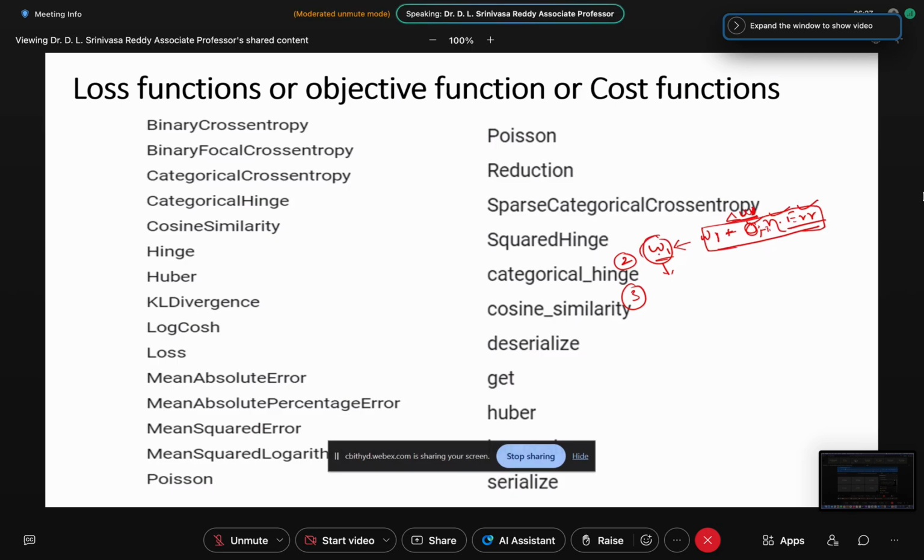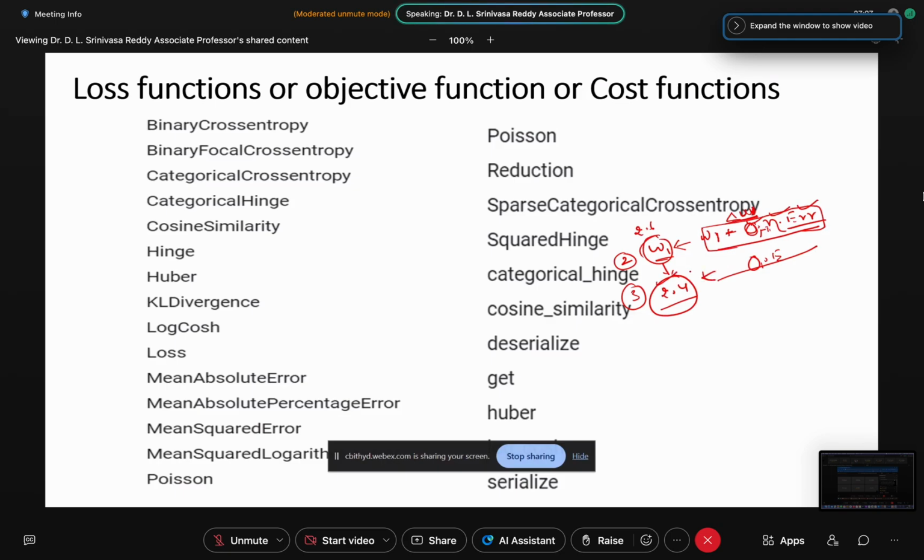Okay, I have updated. Assume that this is some 2.6. After updating, you got, suppose, 2.4. And see the similar process: using this weight, again I fed the second instance, or second row, to this model. The model gives you again some output. Based on that output and its error, again we are updating this way.